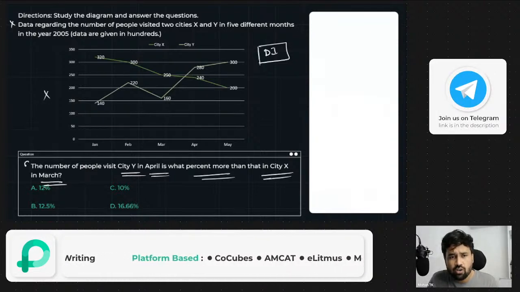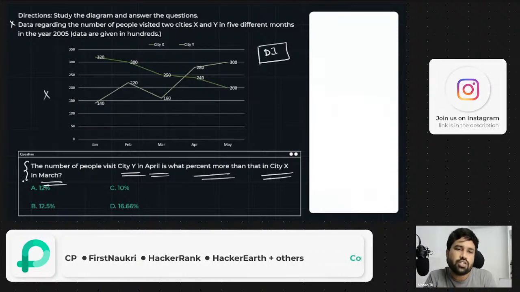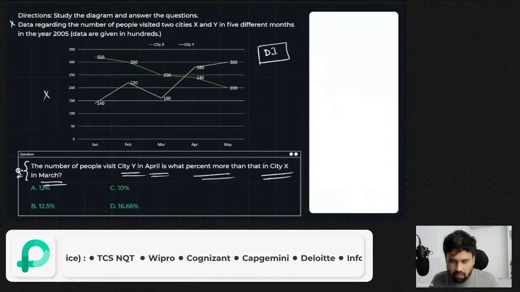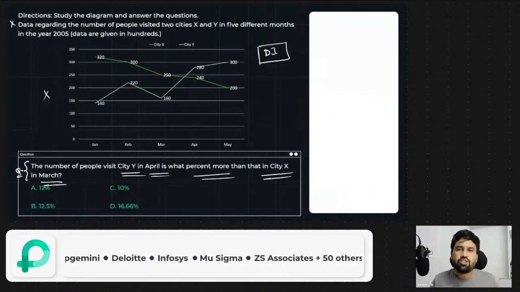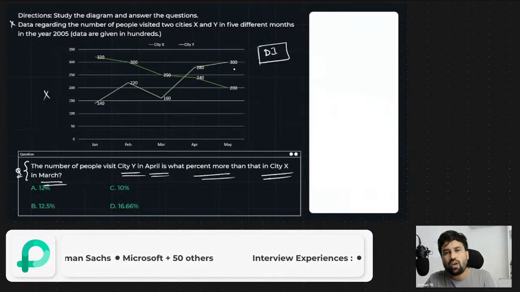First, I will look into the question. That's why you will see once I started this question, I have read the question directly. So this is the first and most important technique you need to learn, that is read the question first and analyze the data next, so that you can easily know. While you are reading the data, you will know how to retrieve the data for this particular question.